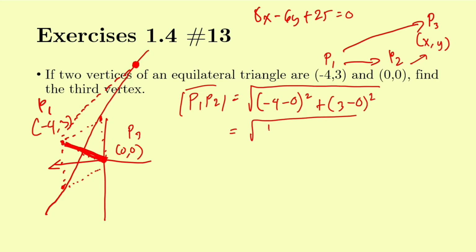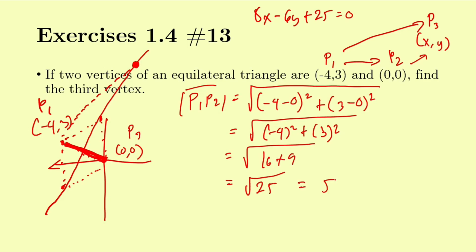So that's equal to the square root of negative 4 squared plus 3 squared, which is equal to the square root of 16 plus 9, which is equal to the square root of 25, or simply 5. So yung length ng side natin, ng bawat side natin should be 5 units long. Here's the information we have obtained so far. Ang line na yun, or yung point na yun rather, should be in the line 8x minus 6y plus 25 is equal to 0. And also, 5 units away from each of these points.